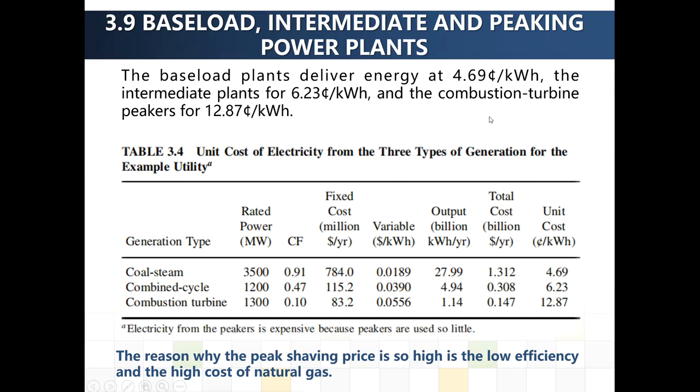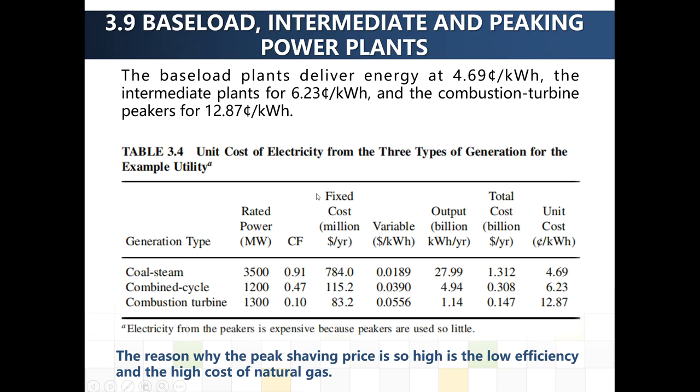And the combustion turbine peakers require 12.87 cents per kilowatt hour. This is the value with consideration of the capacity factor, which has considered the number of hours operated during the year.